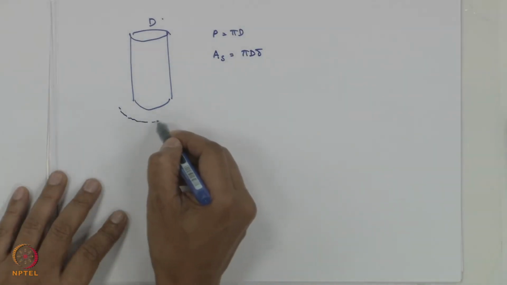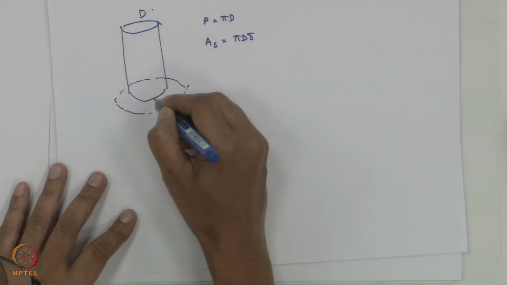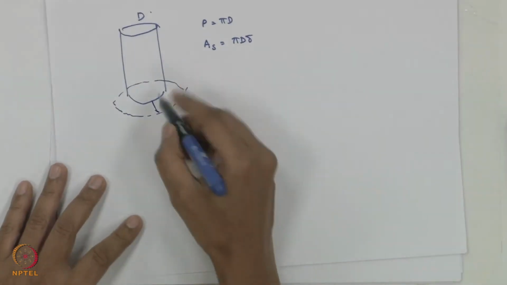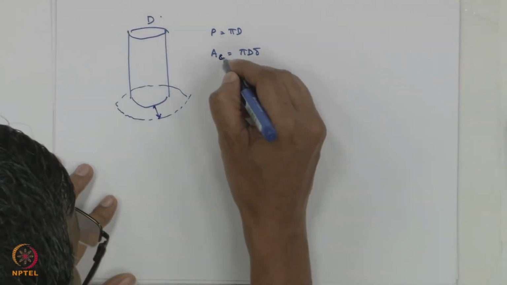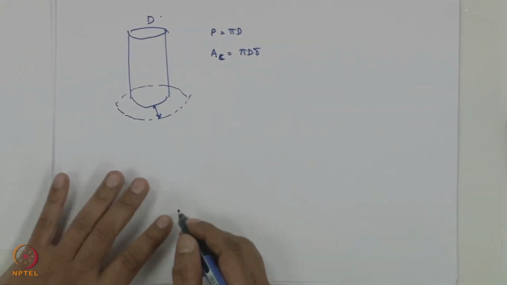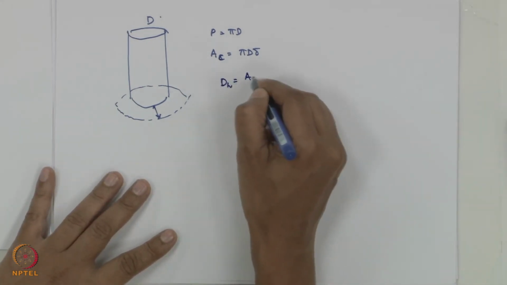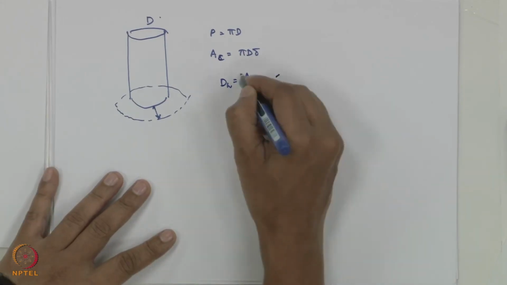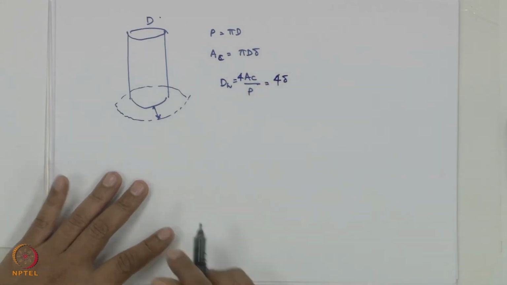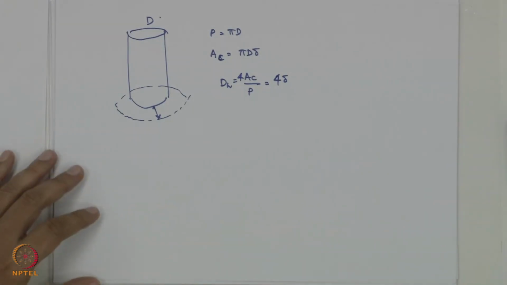Why? Because you have delta like this. This is the film which is coming out, so you take this cross section, not surface area, as pi d delta. So of course you can calculate 4 A_c by P, so you get 4 delta.